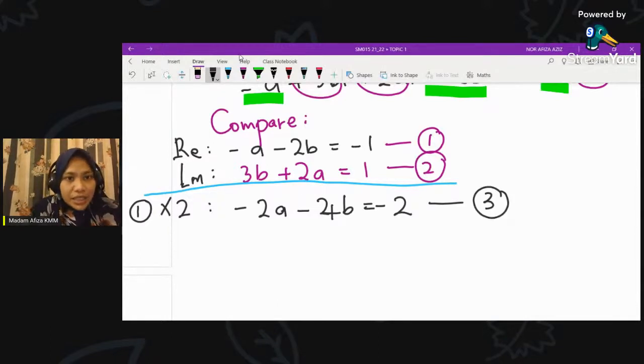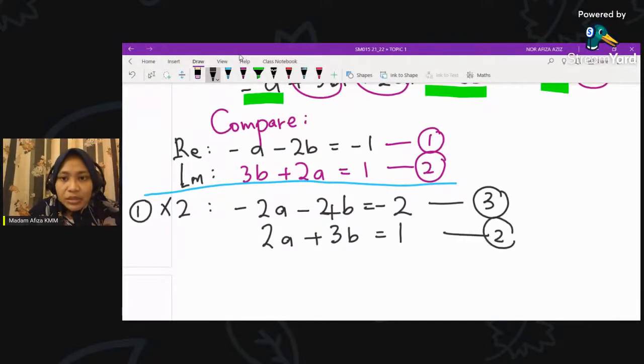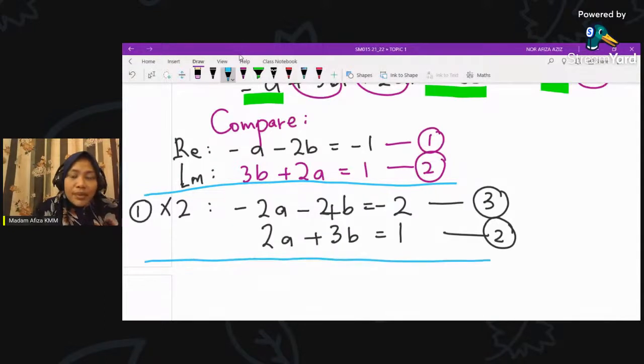After that, madam akan susun A dekat depan. Dia tak berubah tapi madam susun A kat depan. So I have 2A plus 3B equals to 1. So this is still equation number 2, sebab tak ubah nombor, ubah kedudukan je. Madam buat garis ni untuk bagi jelas.